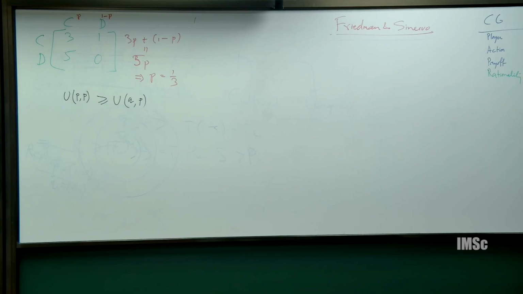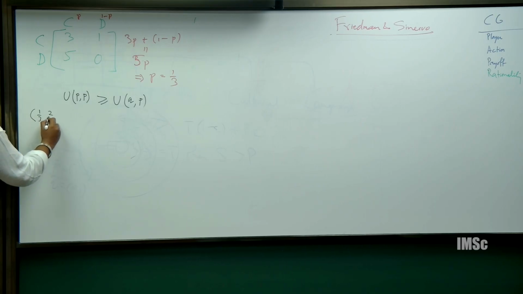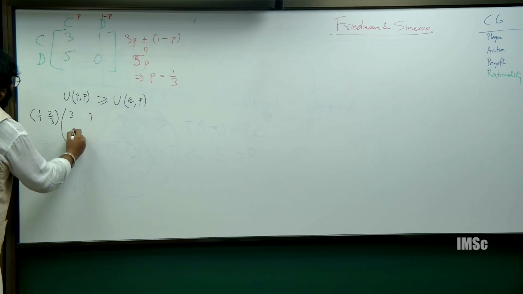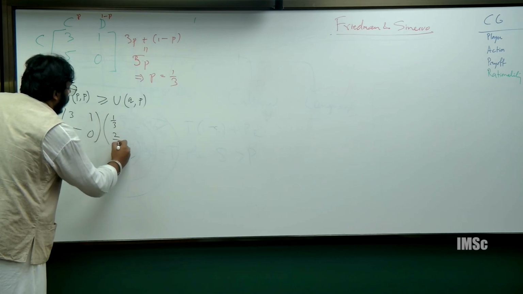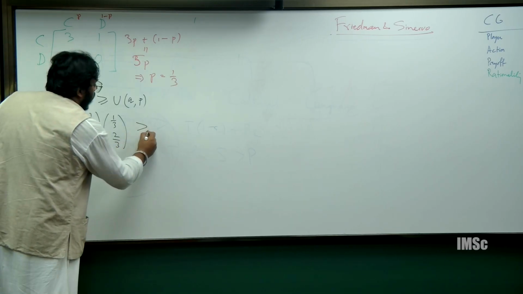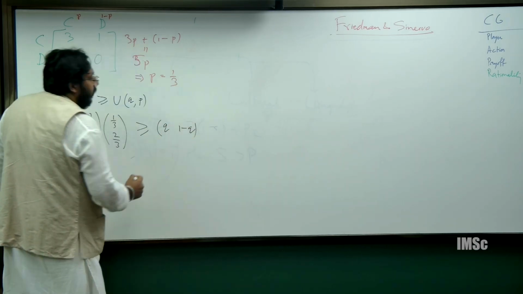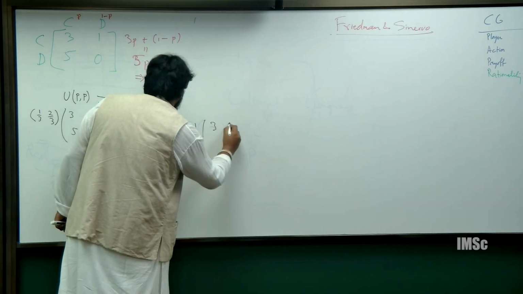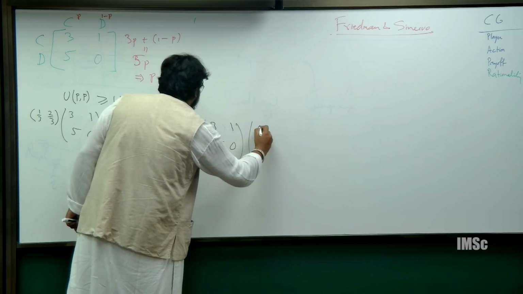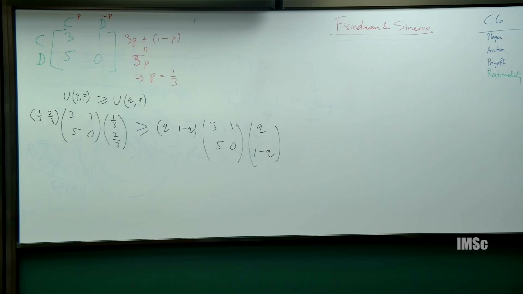So how do I check? For P, I already know what I want to check, it is 1/3, 2/3. The matrix is 3, 1, 5, 0. Your P is 1/3, 2/3. I want to see if this is greater than or equal to, Q is going to be arbitrary because it has to be true for all Q's, and this is 3, 1, 5, 0, and this is Q, 1 minus Q. So what does this give?